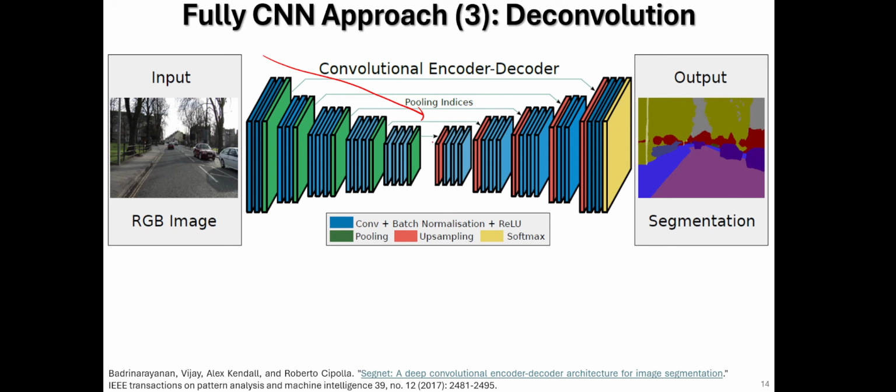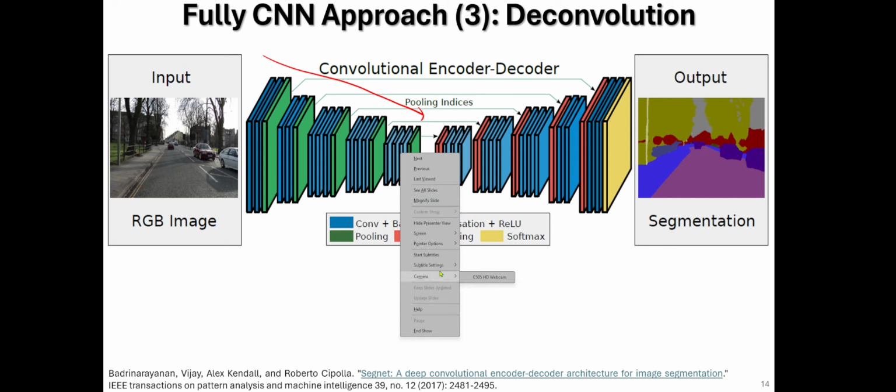That's a very critical stage, and skip connections are also introduced in this case. They also used the max unpooling approach to start with, but then they realized they can achieve the same thing using what is known as a transposed convolution.